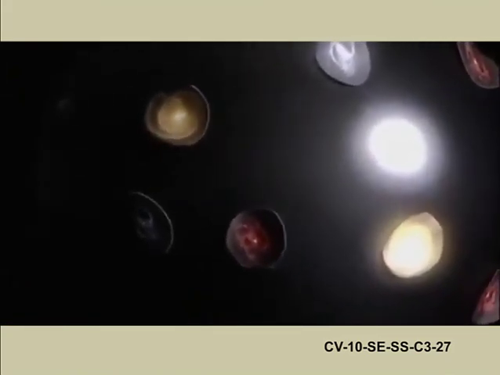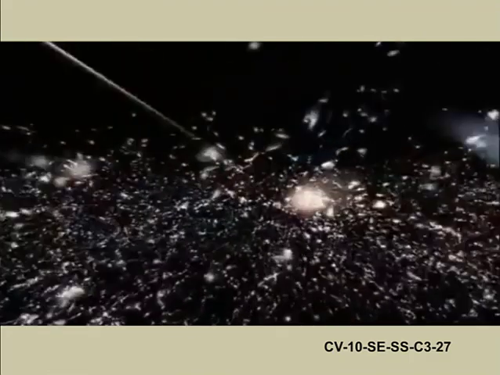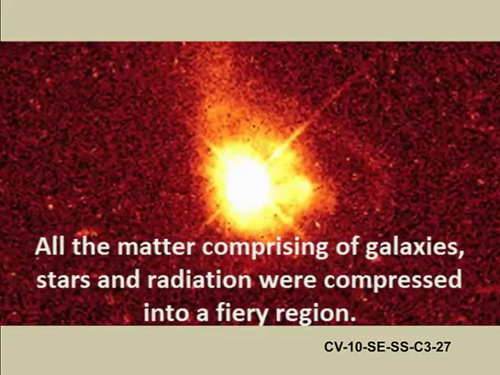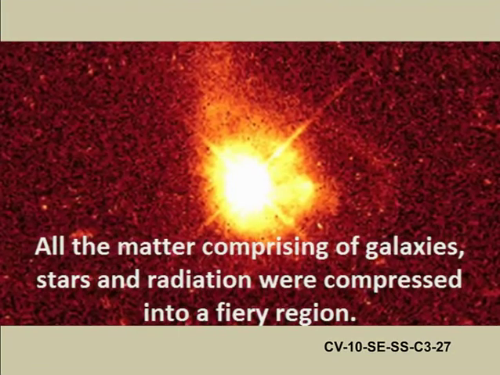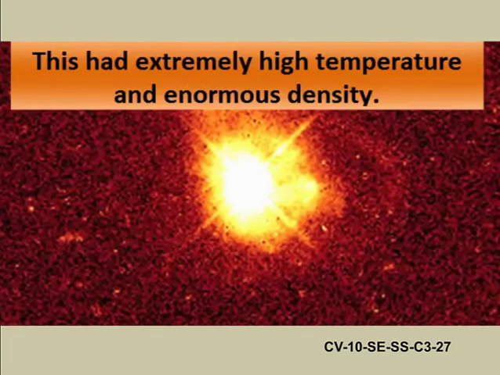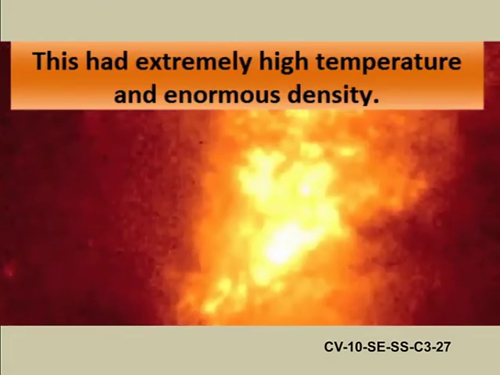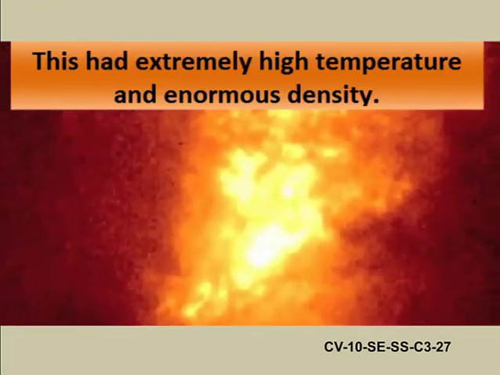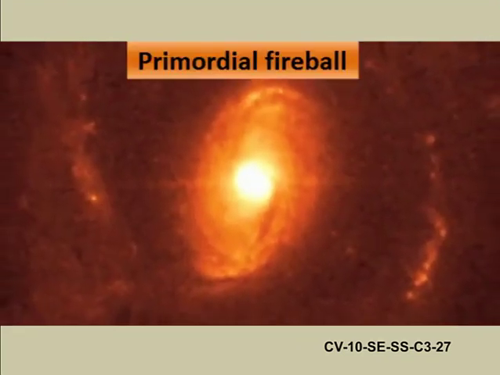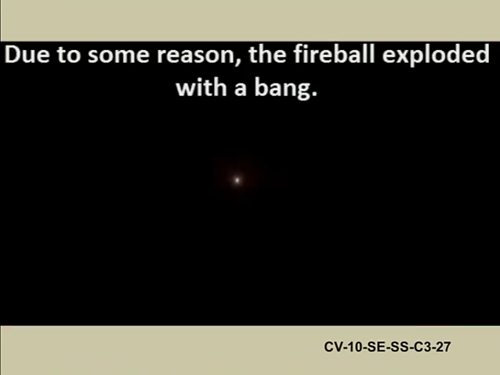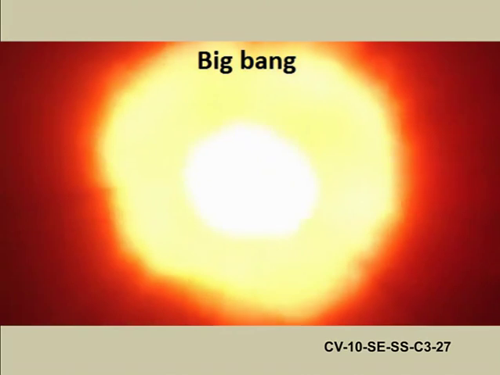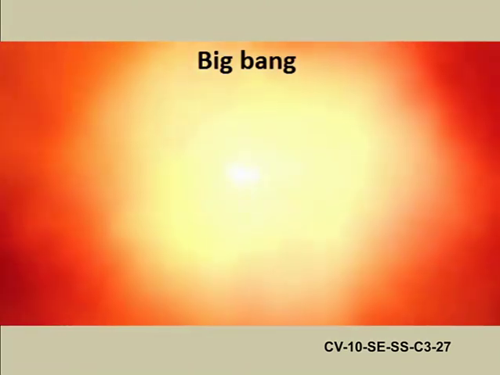So it is believed that at the beginning of the universe, all the matter comprising galaxies, stars and radiation were compressed into a tiny region. This had extremely high temperature and enormous density. This is known as the primordial fireball. Due to some reason, the fireball exploded with a bang, called the Big Bang.